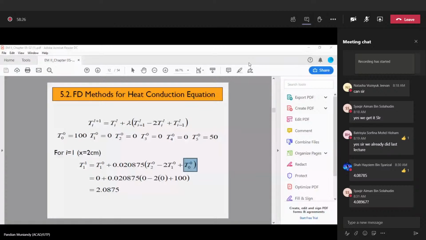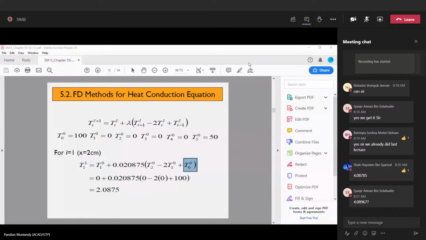To 5 decimal places: 2.0875 plus 0.020875 in the bracket, 0 minus 2 multiplied by 2.0875, plus 100. Use your calculator, but the answer given by Shah is 4.08785.